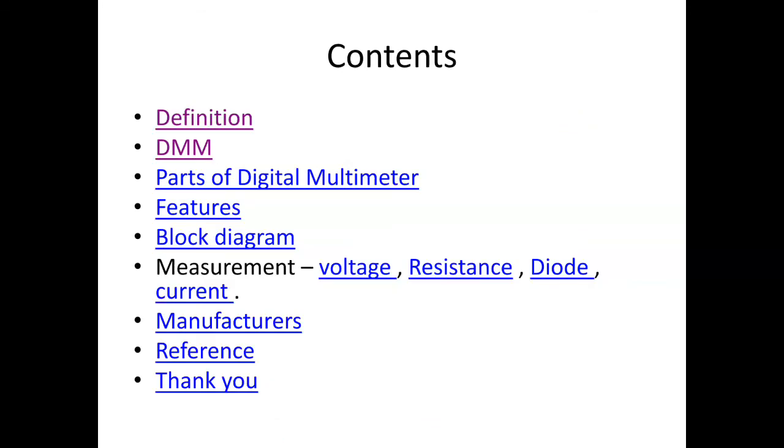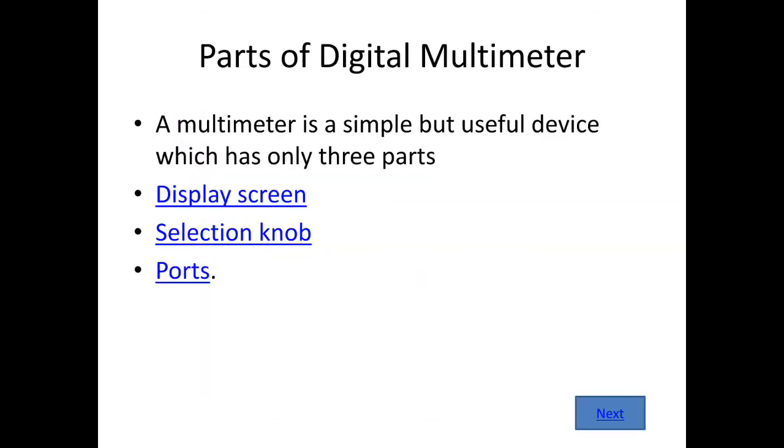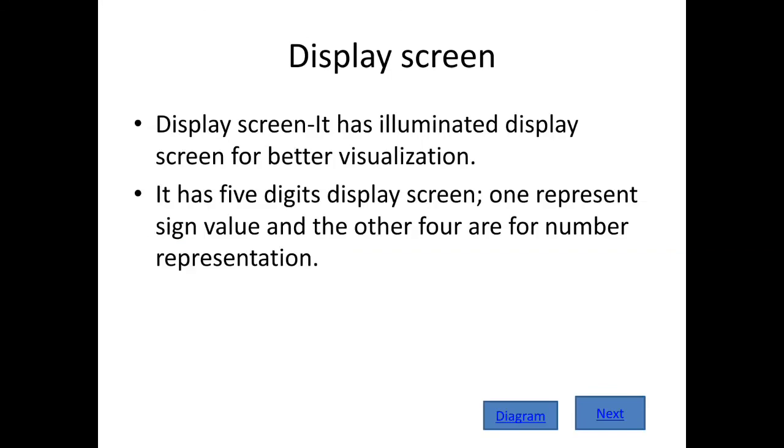The main parts of your digital multimeter are first your display screen. This display screen is very useful because whatever measurement I get can be viewed in digital form, that is, in numbers. The digital screen has an illuminated display, which means even in darkness you can see it better. It has a 5-digit display screen.